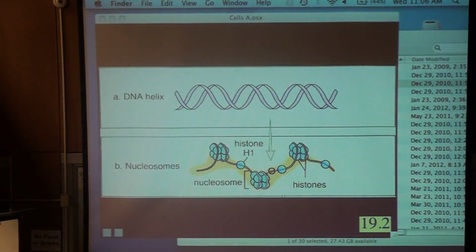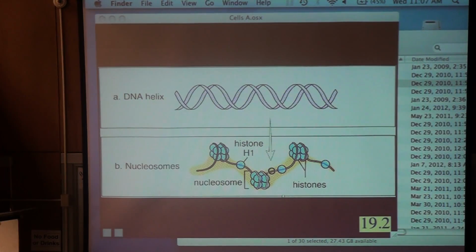Another feature of chromosomes is that they have some proteins as part of them called histone proteins that are the spools for the double-stranded piece of DNA. If this line right here represents the double-stranded DNA of a chromosome, these histone proteins are like wrapping balls or spools for the DNA to wrap around.